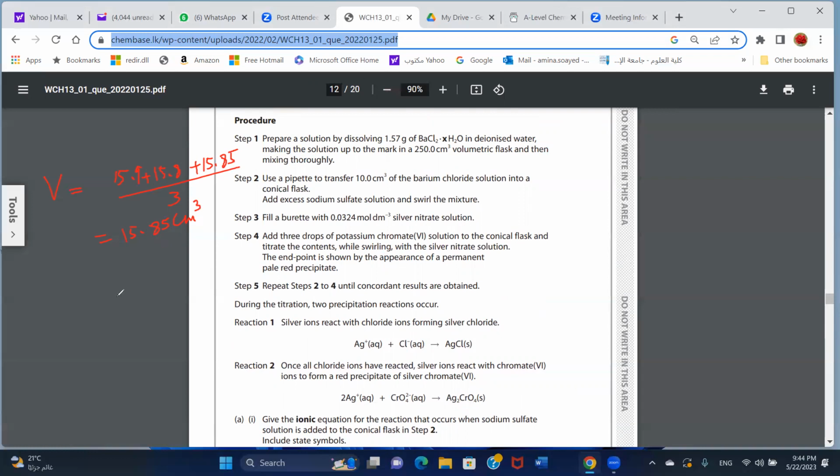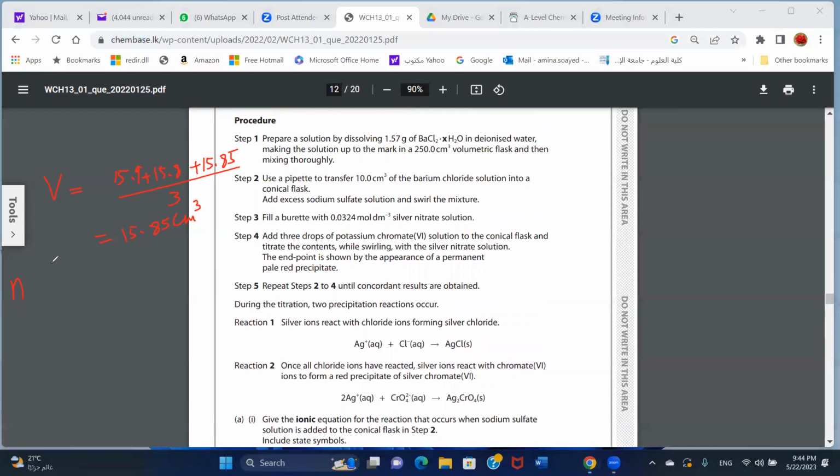So what is the first step to get the number of moles of the silver nitrate solution? Yes, excellent. And how can we get it? The volume times the concentration. So what am I going to write here? 15.85 divided by 1,000, times by the concentration, which is 0.0324. Excellent.